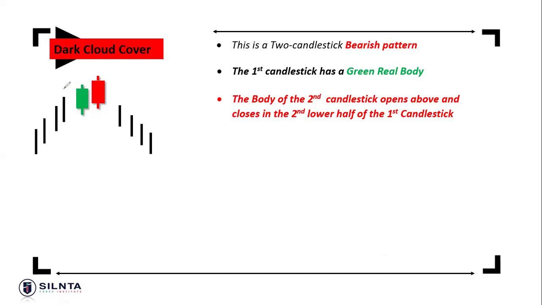So see where this one opened and where it closed. Usually when a candle closes here, the next one is supposed to open where the previous one closed, and then continue like that.